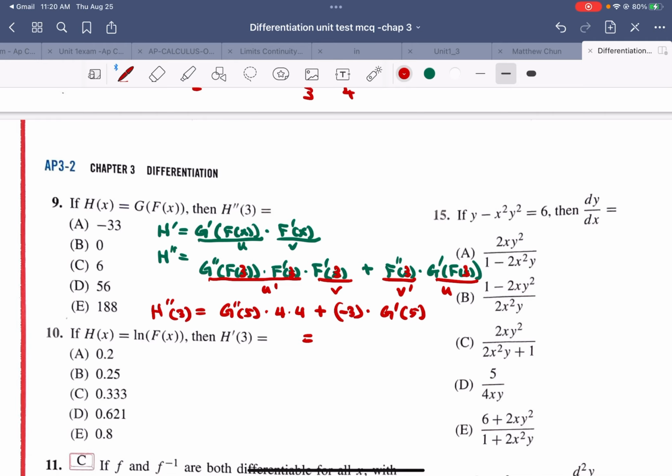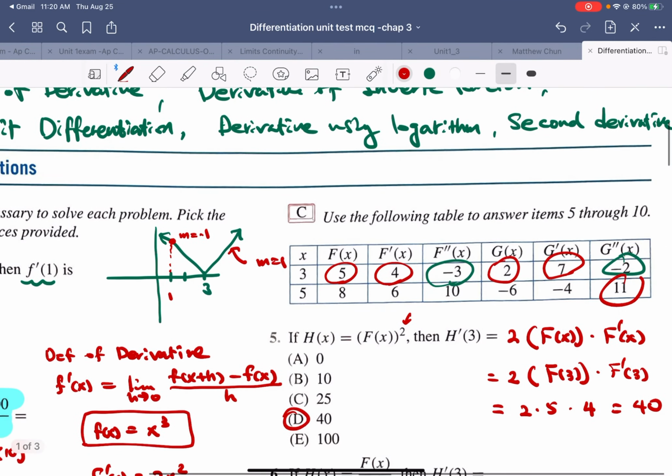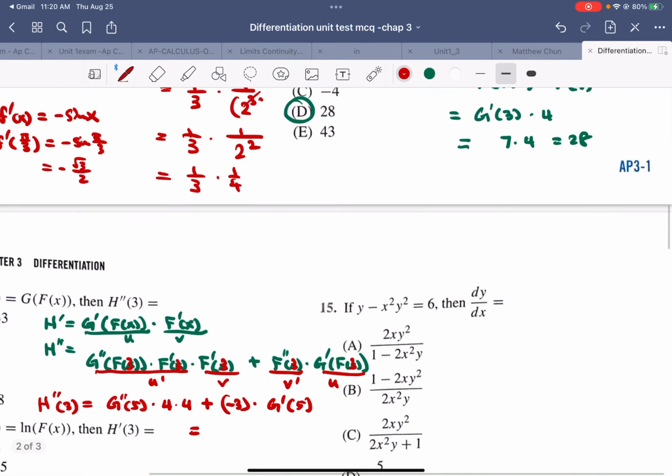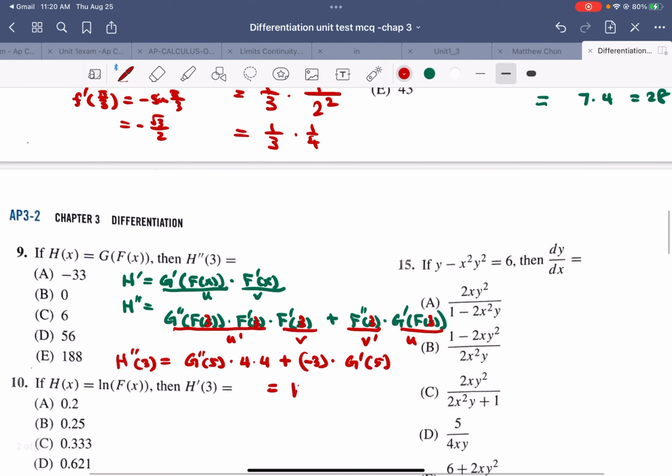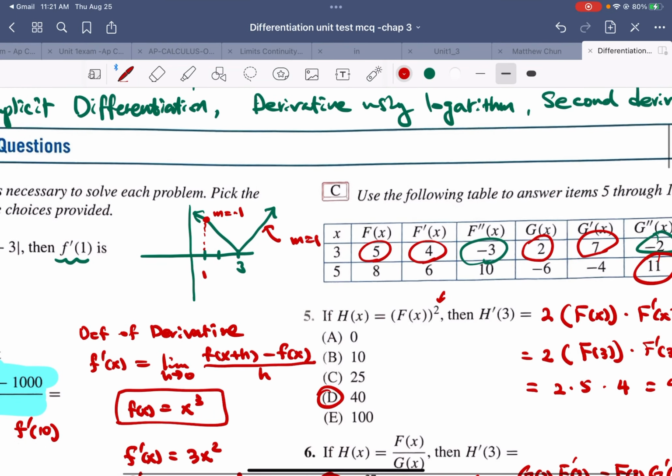All right, so let's do a little more. Then g double prime of 5 is 11 here. So that's it: 11 times 4 times 4 plus negative 3 times g prime of 5, which is negative 4.